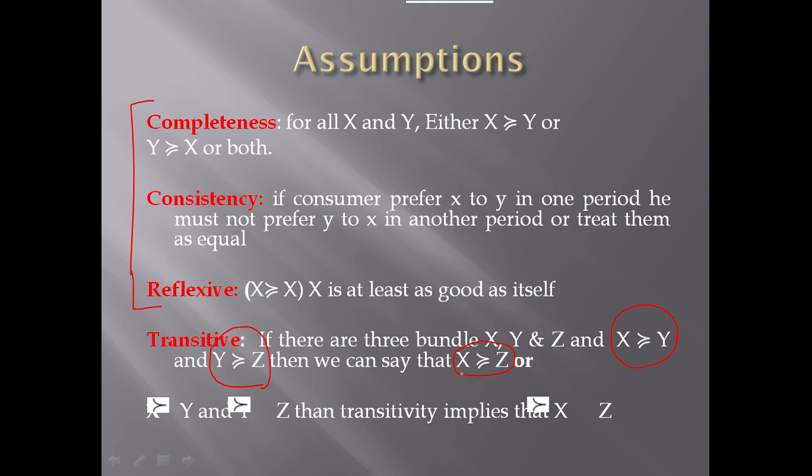Same, if X is preferred to Y and Y is preferred to Z, then transitivity implies that X would be preferred to Z. This transitive behavior ensures that each bundle is associated with one level of utility or one level of satisfaction.